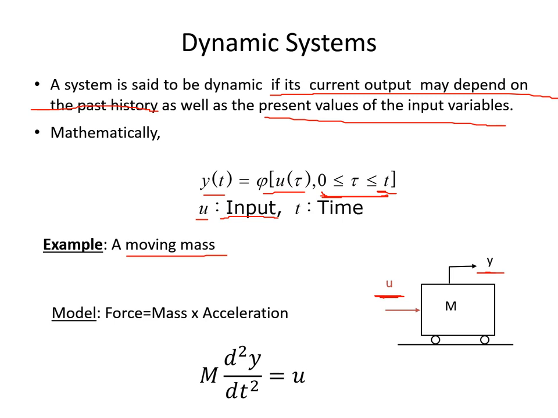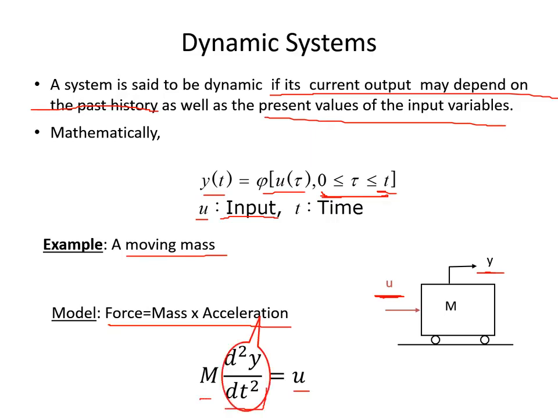To relate input force with the output displacement, we can utilize Newton's second law of motion, where force equals mass times acceleration. Therefore we have the formula where the force u is equal to mass times acceleration.